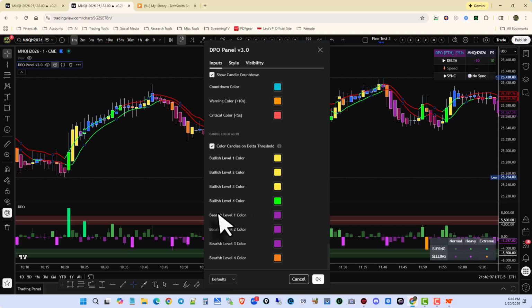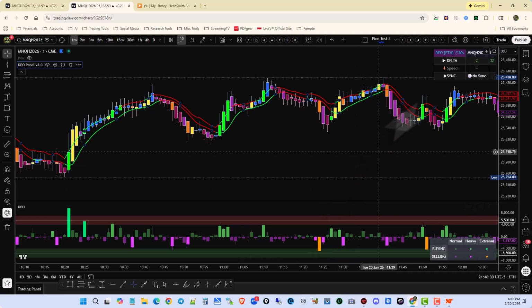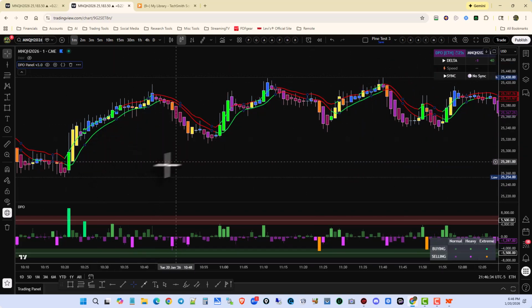For the bearish side, if we show this purple color, we're going to be at negative 1000 delta or lower, right? It's going to start at negative 1,000, and then the extreme is going to be negative 2,500, which means you should have a really big push down. All right. So instead of looking at this table right here, you can look at the candles, and the candles are going to kind of tell you the picture.